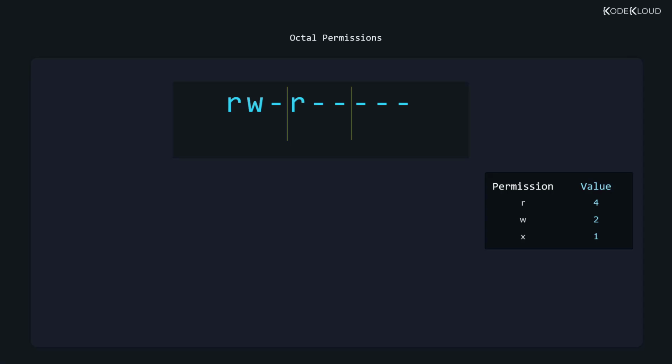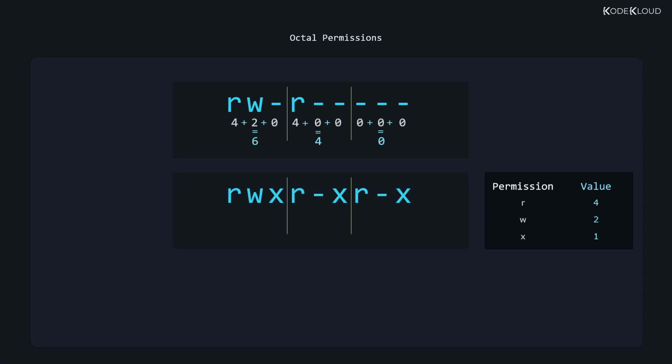Once done, add up the numbers within each group. So you would get 4 plus 2 equals 6, 4 plus 0 plus 0 is 4, and the last group is 0. Let's look at using the same approach for the other examples as well.